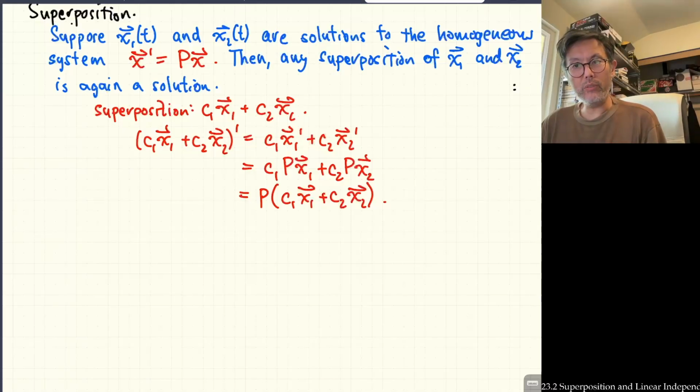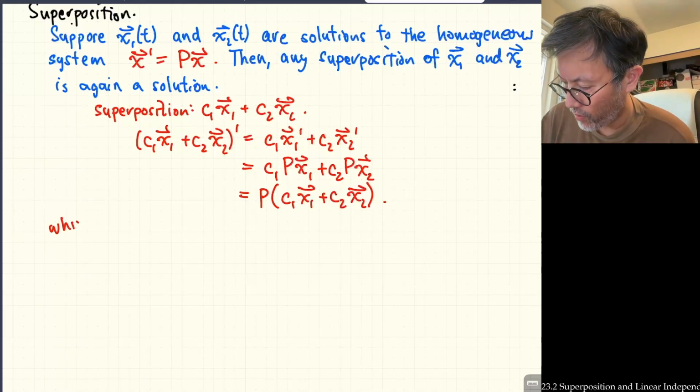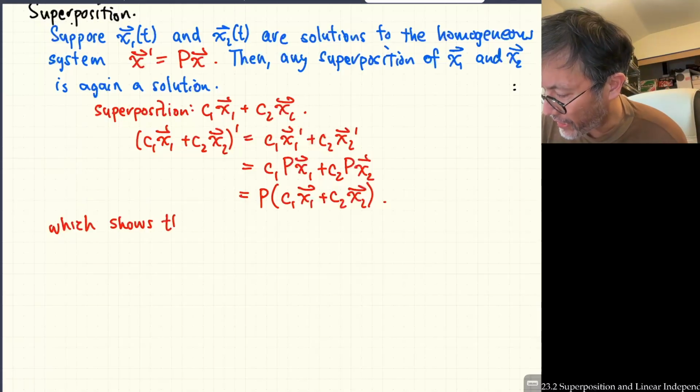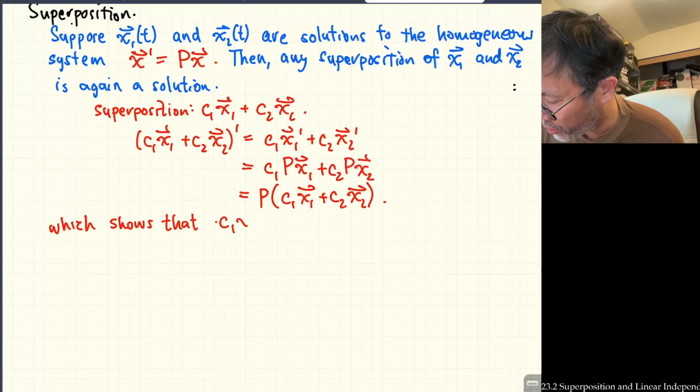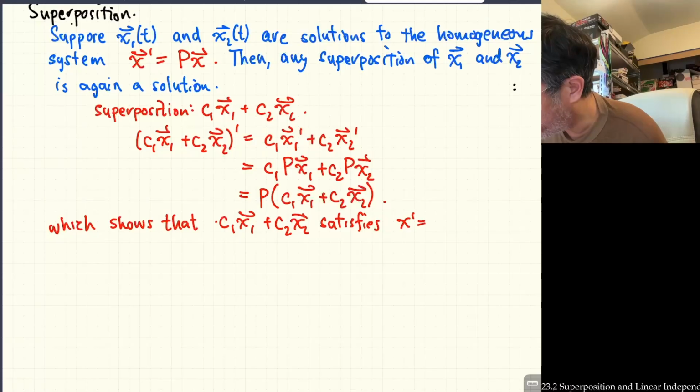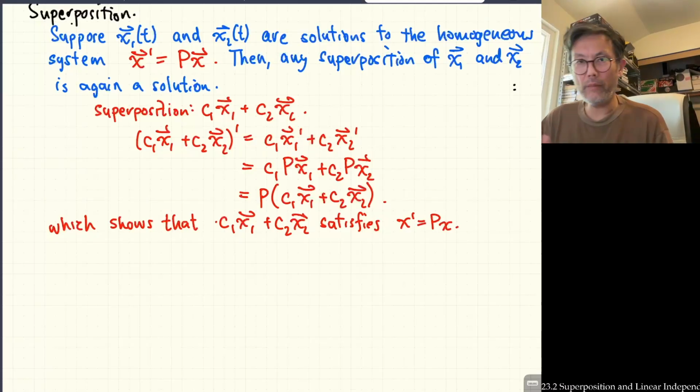And what this shows is that c1 x1, the superposition, plus c2 x2 satisfies the differential equation x prime equals p x. Okay?